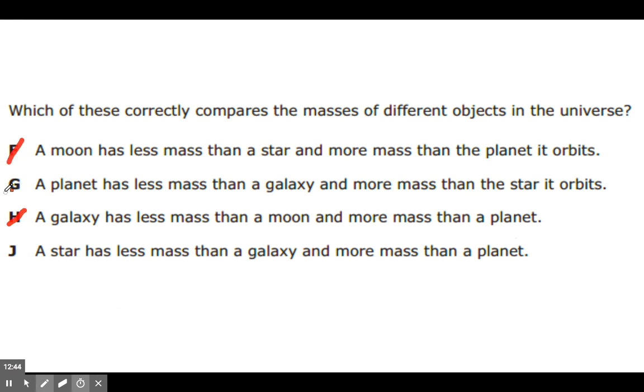So we're left between G and J. The correct answer is J. A star has less mass than a galaxy, but more mass than a planet. We know that our sun can fit 1.3 million planet Earths inside of it. So the correct answer is J. If you didn't get that correct, you need to review your components of the universe on your study buddy.